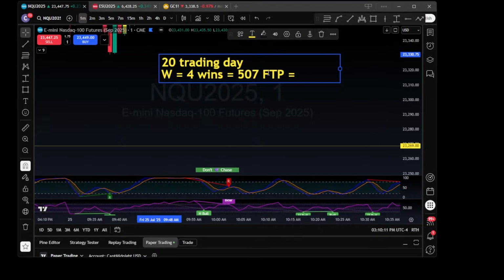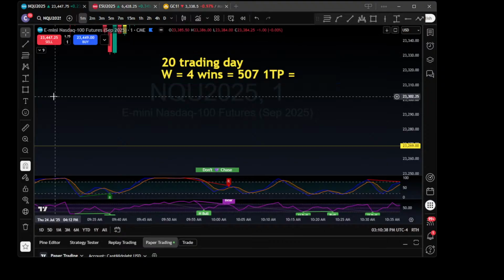I'll do one TP. And then for max TP with trailing or other interest points, right? So I have 1, 2, 3 plus 281 plus 113 plus 247 equals 764 ticks.